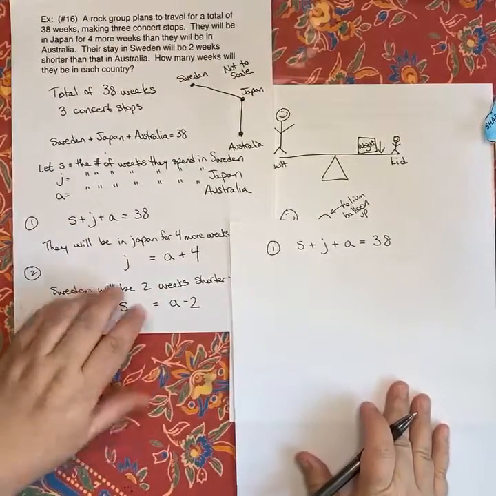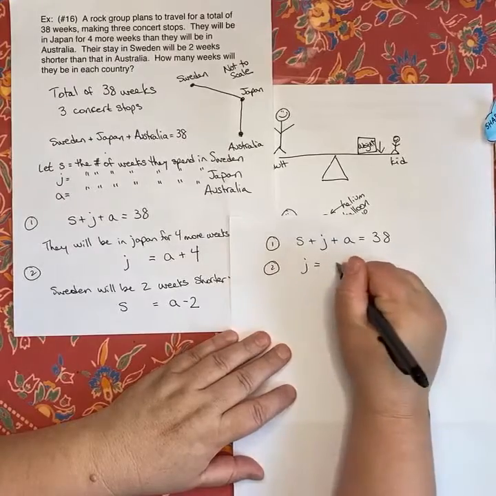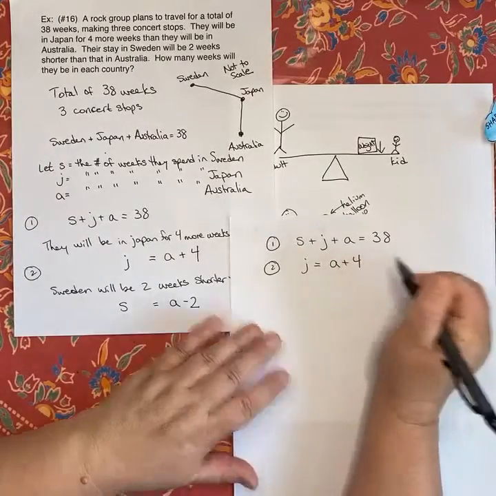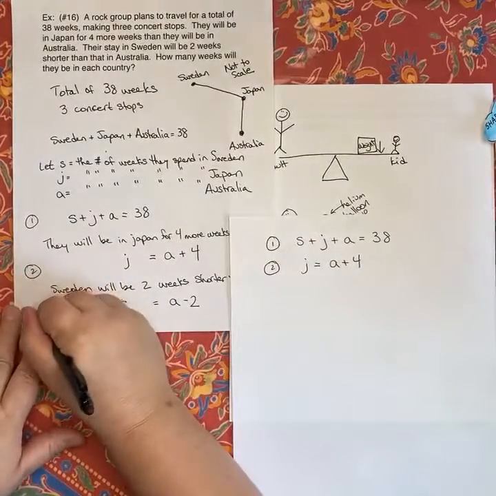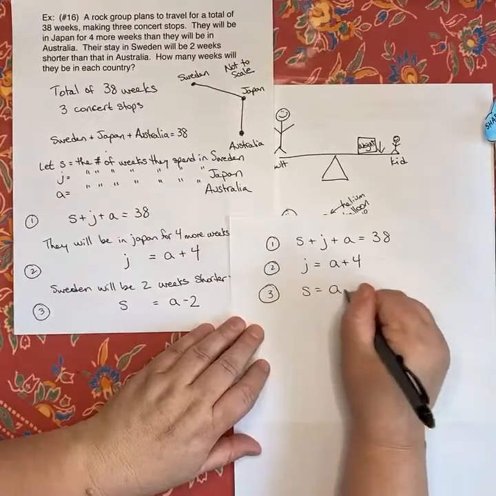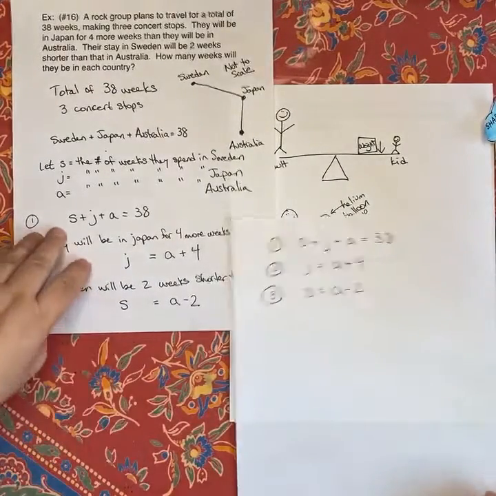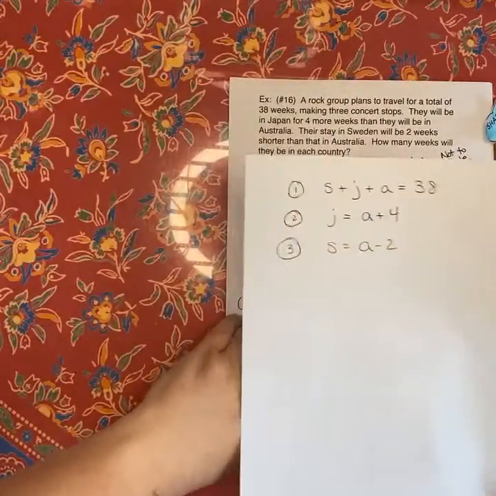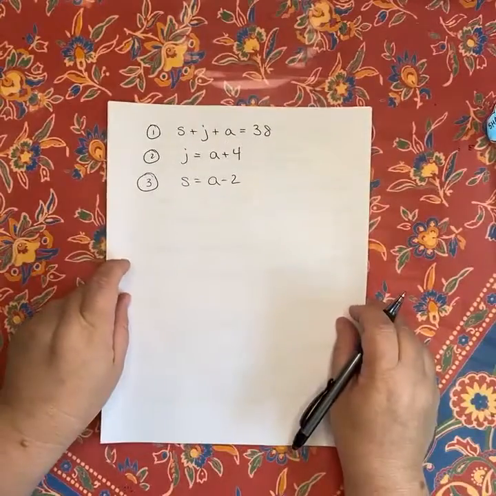I've got another one, number 2, that says Japan will be 4 weeks longer than Australia. And then 3, I've got Sweden is 2 fewer weeks than Australia. Okay. So then what can we do with these?